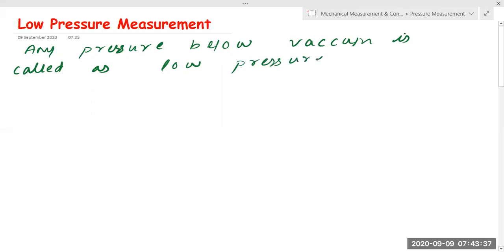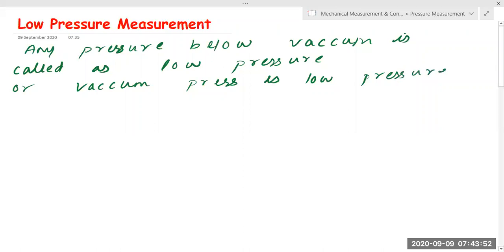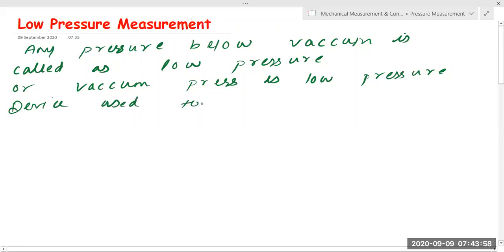And the device used to measure low pressure or vacuum pressure is called a vacuum gauge.